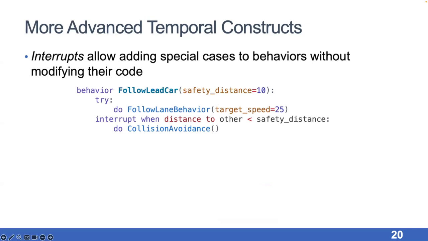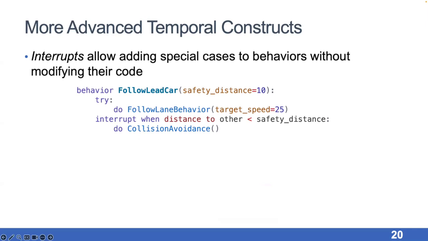We could define a follow lead car behavior, which starts by doing this follow lane behavior that we saw before. This is actually one built into SCENIC, follow lane behavior. But during the execution of that, if the distance between us and some other car gets below some threshold, which maybe is a parameter, then we'll switch to some other collision avoidance behavior.